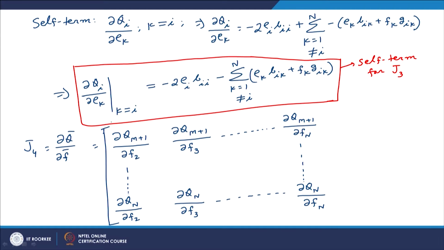So, again its dimension is n minus m cross n minus 1. So, again it is a rectangular matrix.